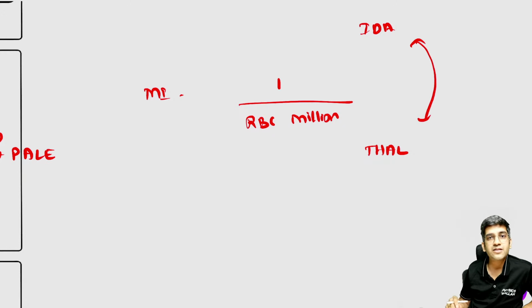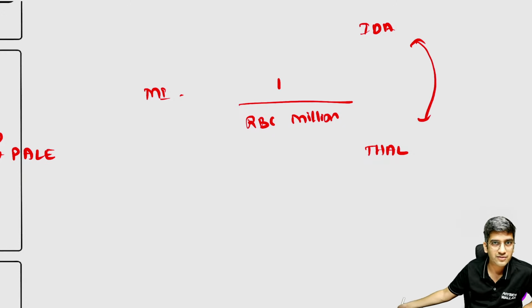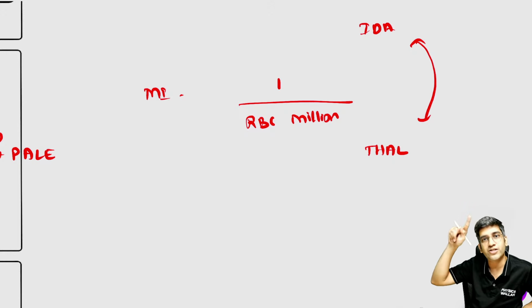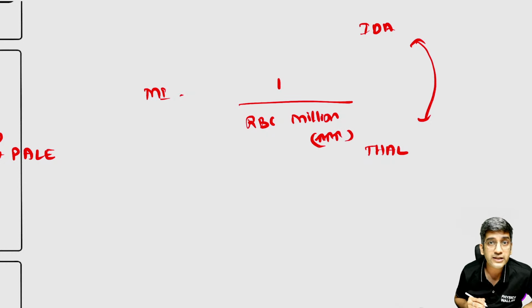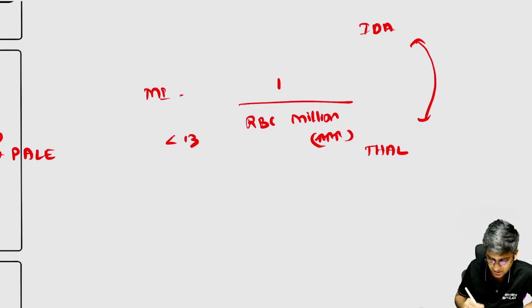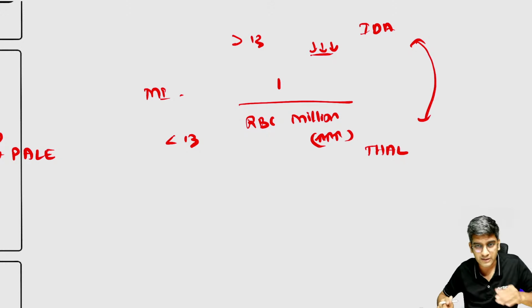I don't use the Mentzer index to differentiate IDA versus megaloblastic. I use it only to differentiate these two guys. That's why I nullify the numerator. That doesn't matter for me because both of them have microcytosis only. So in thalassemia, there's hemolytic anemia, more RBC, denominator more, less than 13 Mentzer index. In IDA, hypoproliferative anemia, denominator less, more than 13 Mentzer index. Clear?